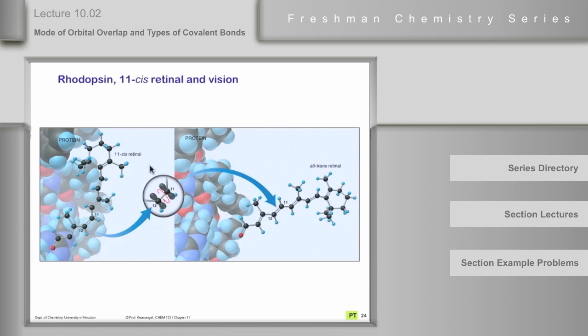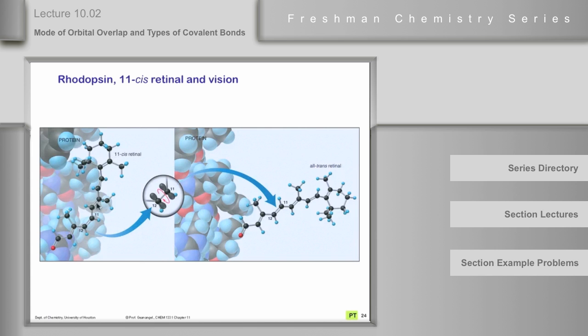Okay. In our eyes, as well as in the eyes of a number of different kinds of organisms, including mollusks, certain kinds of insects, various other vertebrates, there is a molecule called 11-cis retinal. And it is this long, complicated molecule here.